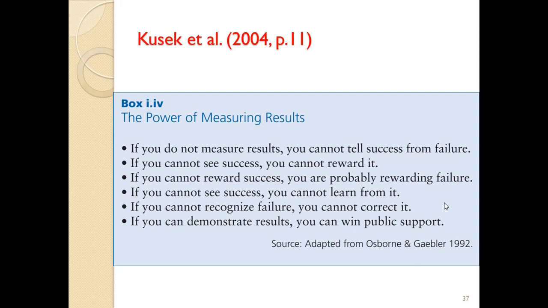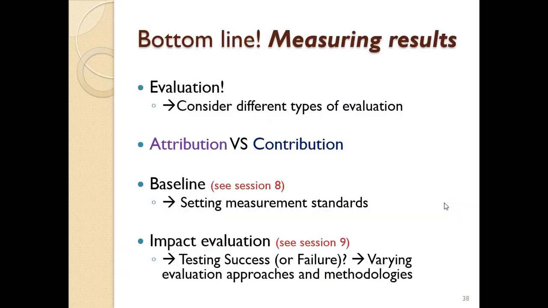If you cannot demonstrate results, you cannot win public support. Public support, in this case, means the communities or the target population that you're trying to create change for. Okay, the bottom line is that measuring or managing results depends on evaluation, but evaluation depends on how different assessments are done, and such assessment also depends on what exactly the project intended to achieve.